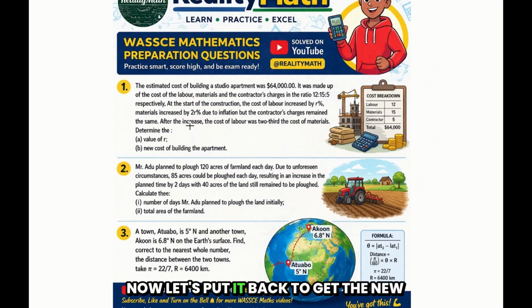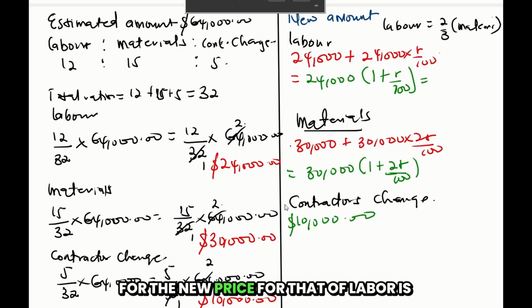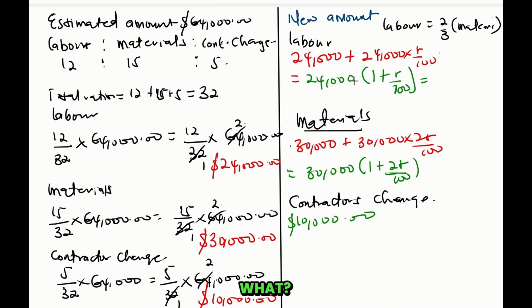Now let's put it back to get the new respective prices. The new price for labor is 24,000 into bracket 1 plus R over 100.